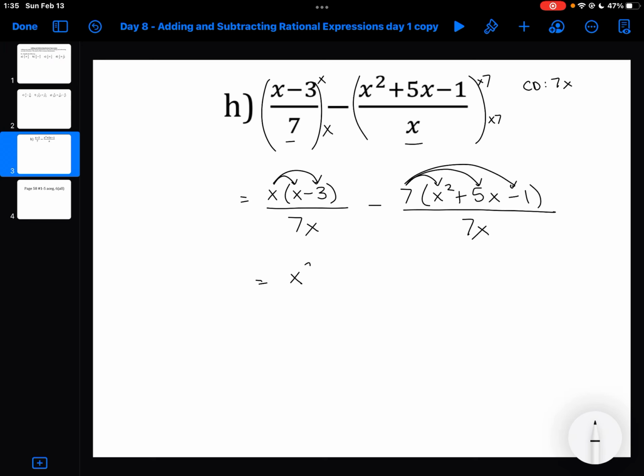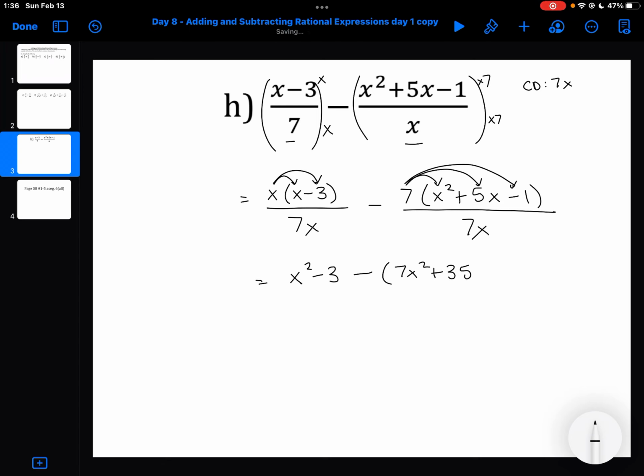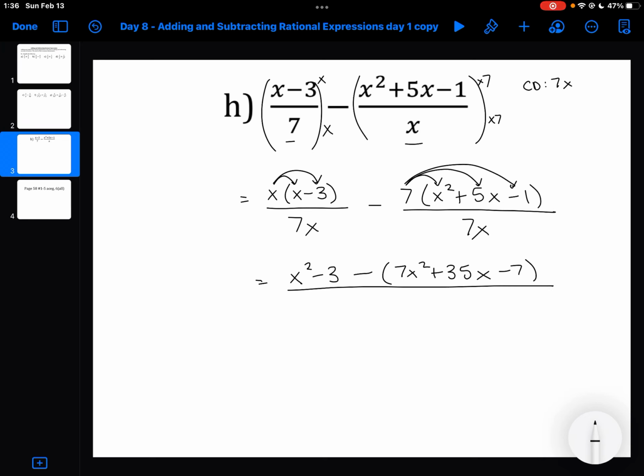So here when I expand from my first fraction, I'm going to get x squared minus 3x. And then I'm taking away 7x squared plus 35x minus 7 all over 7x. So this minus sign applies to all three of those terms from that second bracket.